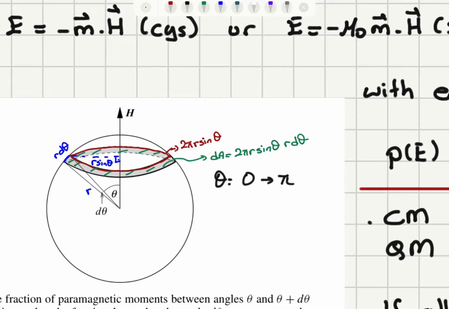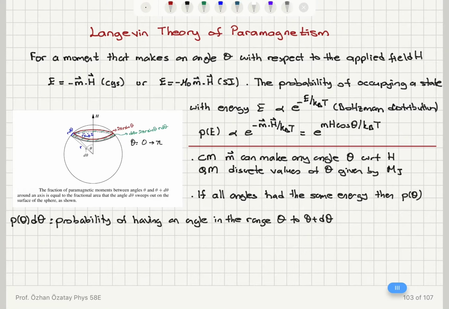Okay, and this divided by the total surface area of the sphere will give me the probability of having an angle theta, because it's a uniform distribution of angles, so I'm assuming a random distribution of angles.